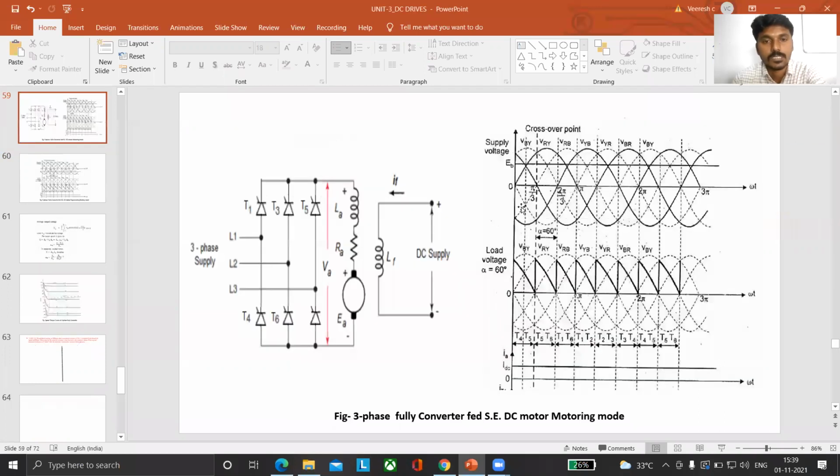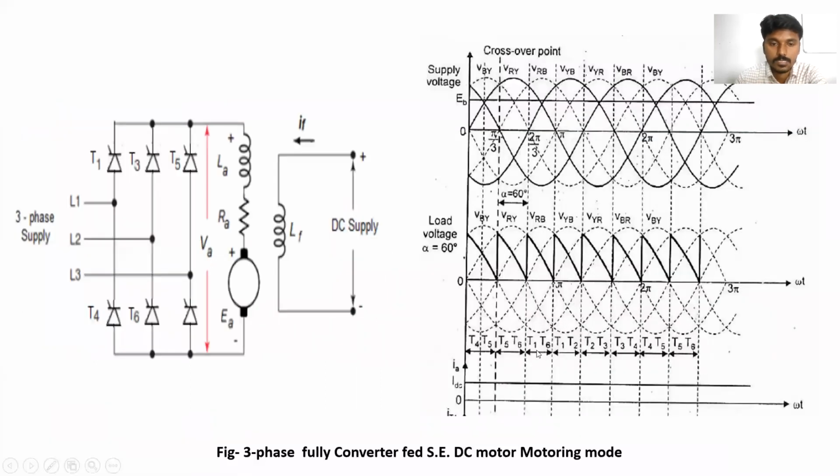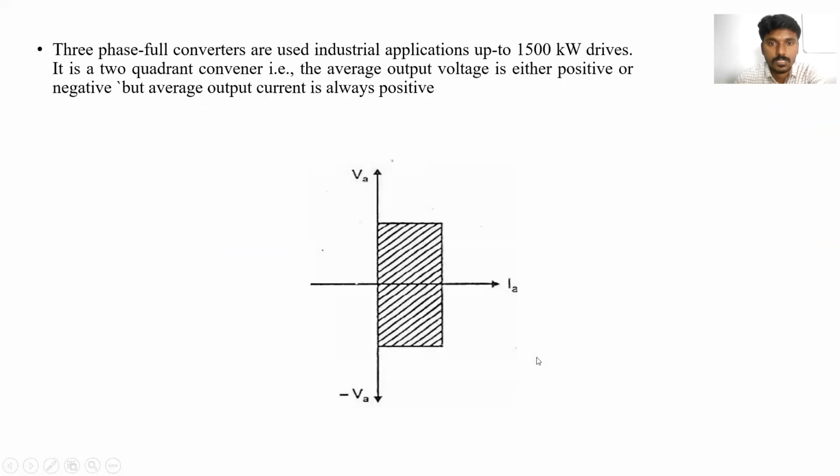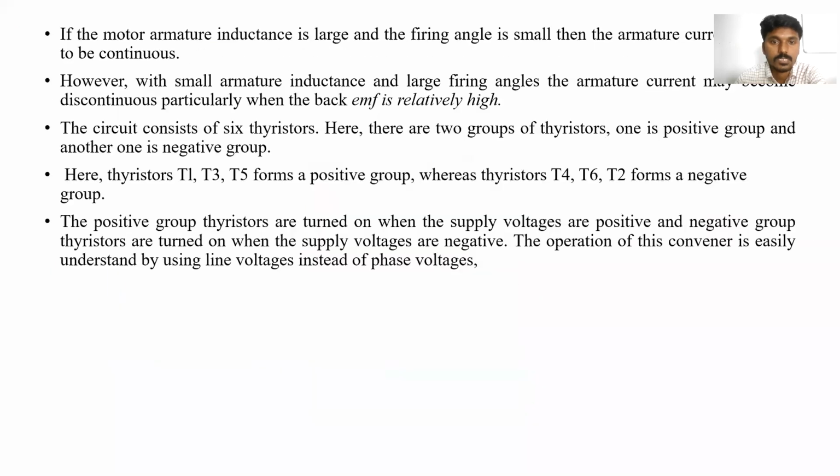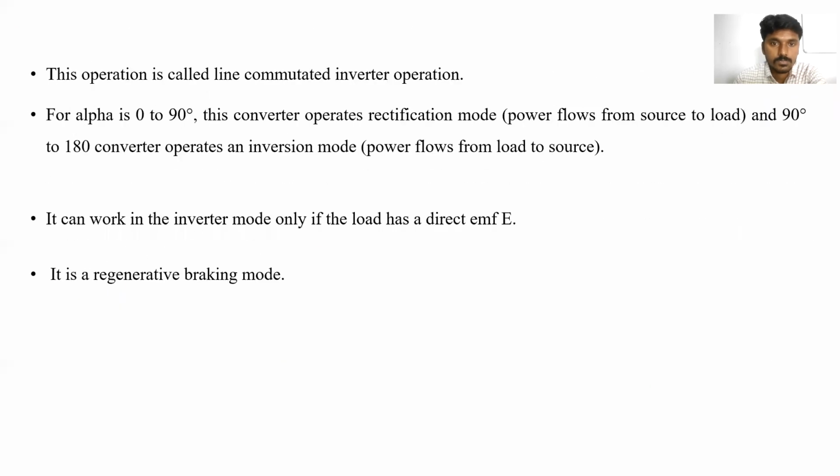We have discussed the three-phase fully controlled converter fed DC motor. Is it right? Three-phase fully controlled converter fed separately excited DC motor. Clear? So these waveforms we have already seen.